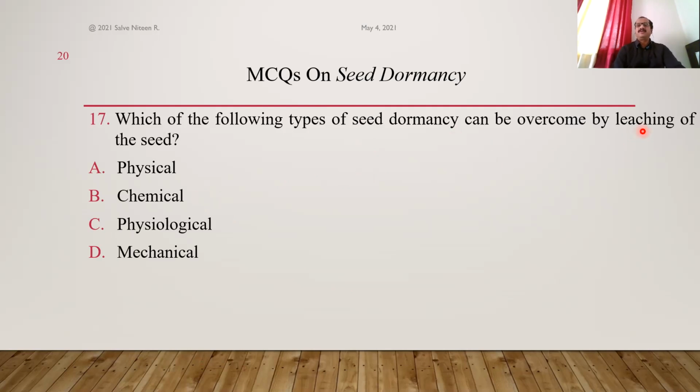If the seeds are placed in water continuously, the chemical inhibitor substances present in the seed coverings are leached out and released outside the seeds. So for removing chemical dormancy, the leaching method is used. Here the answer is B, chemical.